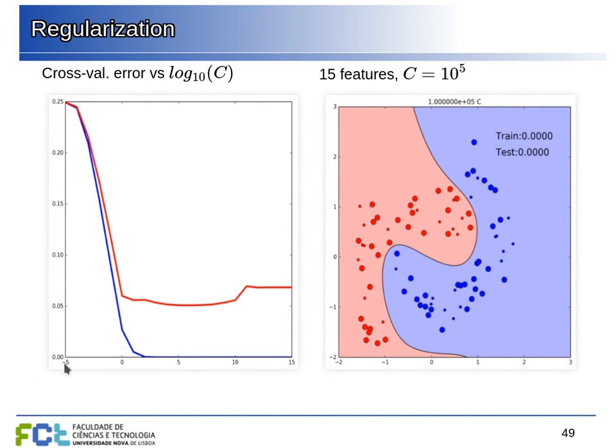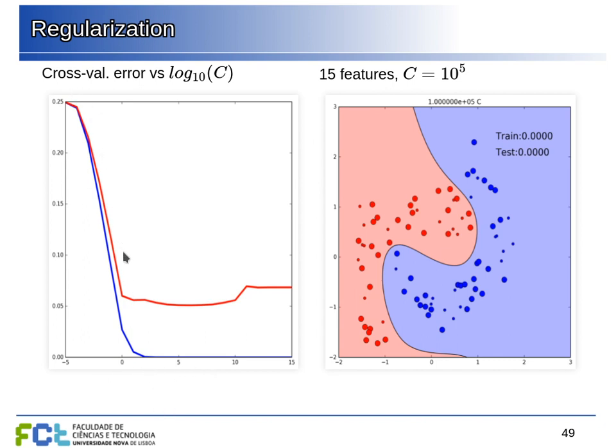So this is the logarithm of base 10 of C, so 10 raised to -5, -4, and so forth. And we compute the training error and the validation error using cross-validation. So remember that each point on this line is the average between the 10 different folds that we are using to experiment with different values of regularization.